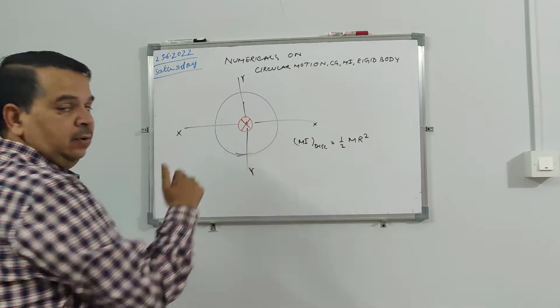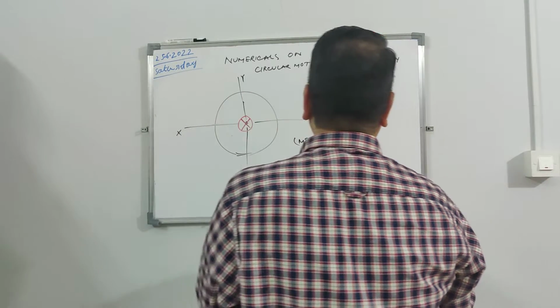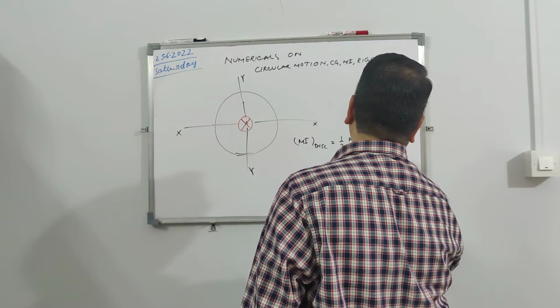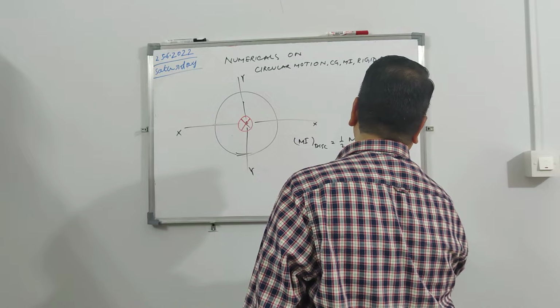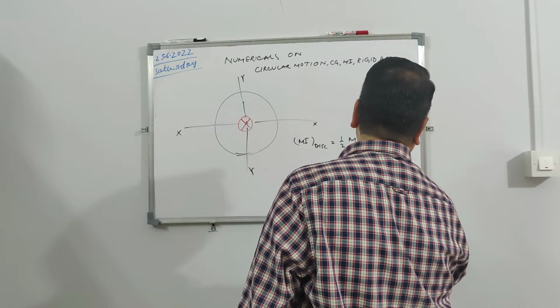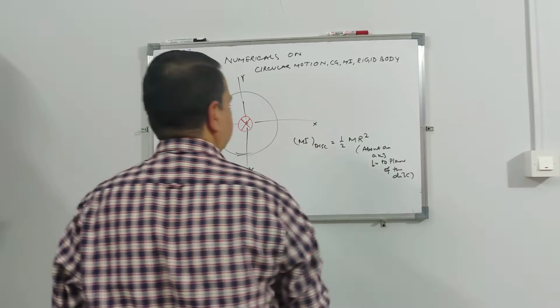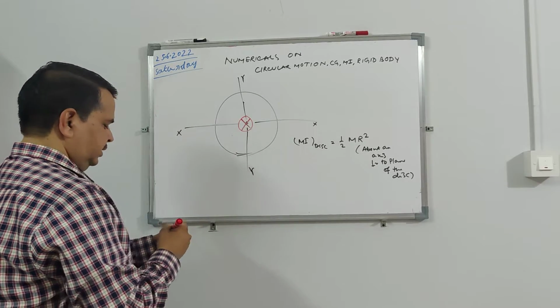So this moment of inertia is about an axis perpendicular to the plane of the disk.